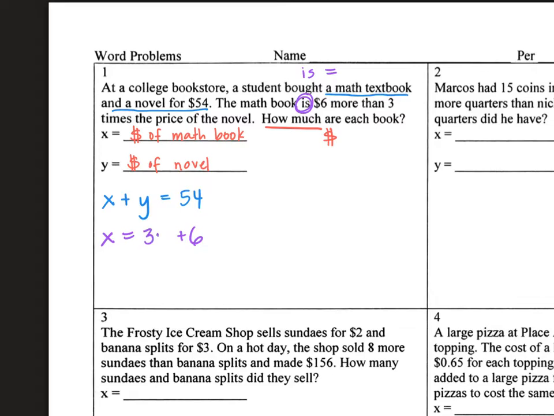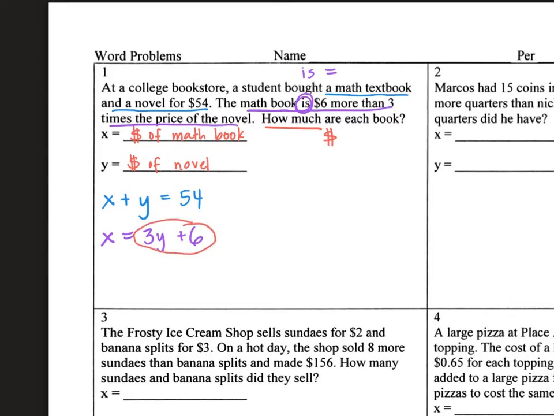So 3 times the price of the novel. Price of the novel is y, so 3 times y. And this here is our system. So I'll underline the sentence that came up with that second one. There we go.